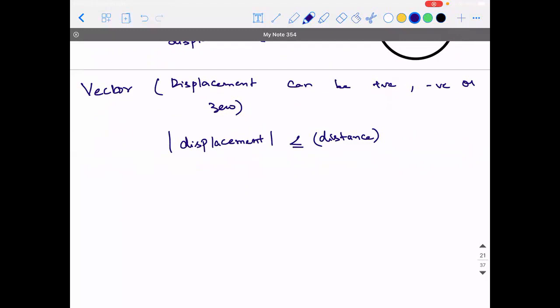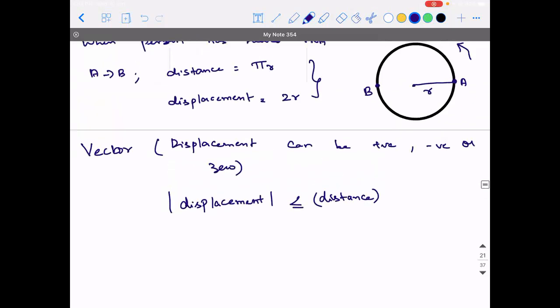It can be equal, sir. It can be equal. For example, we had the previous scenario itself. The distance and the displacement are not the same. If you observe, distance is 3.14 times r, whereas the displacement is only 2 times r.